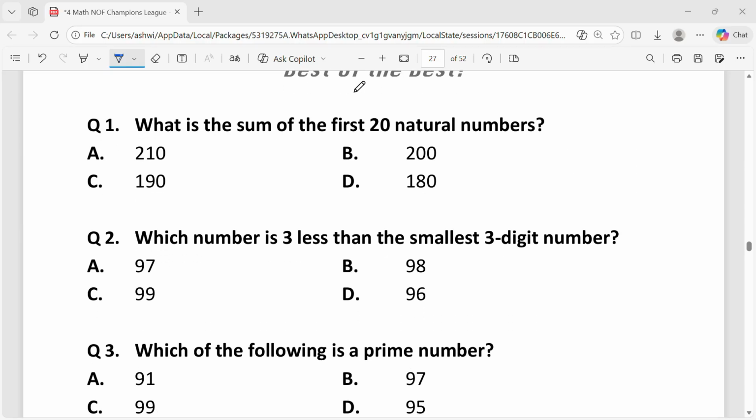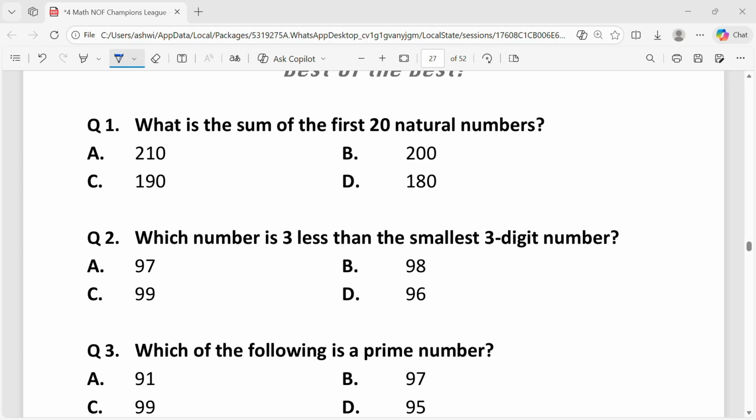Question 1. What is the sum of first 20 natural numbers? The formula for the sum of the first n natural numbers is Sn equals n times (n plus 1) by 2.